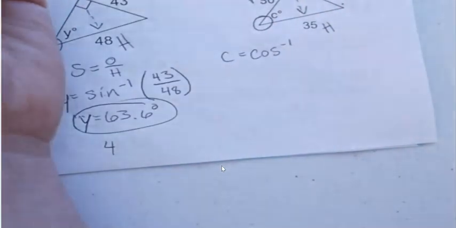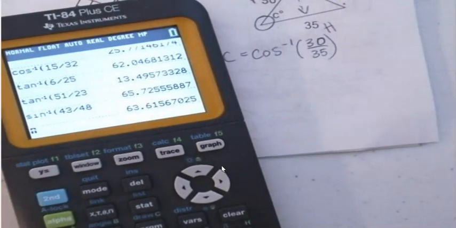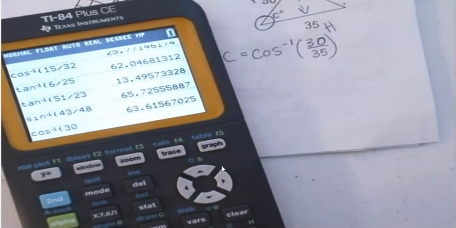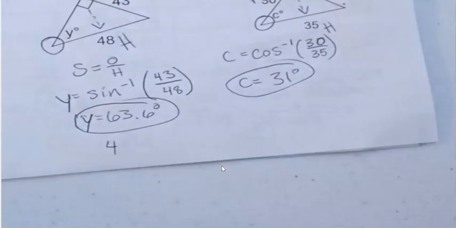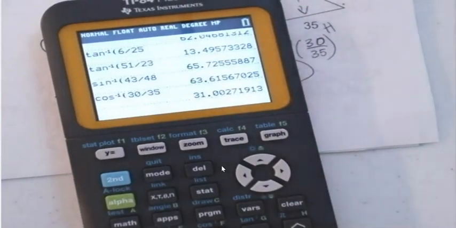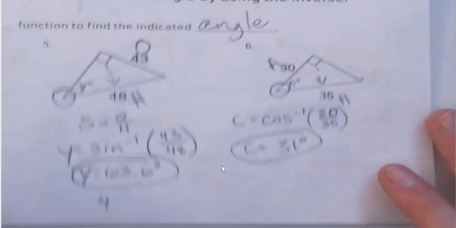So cosine inverse, because we're looking for the angle, of 30 over 35 equals 31 degrees, because it's like 31.00. All right, that's it.